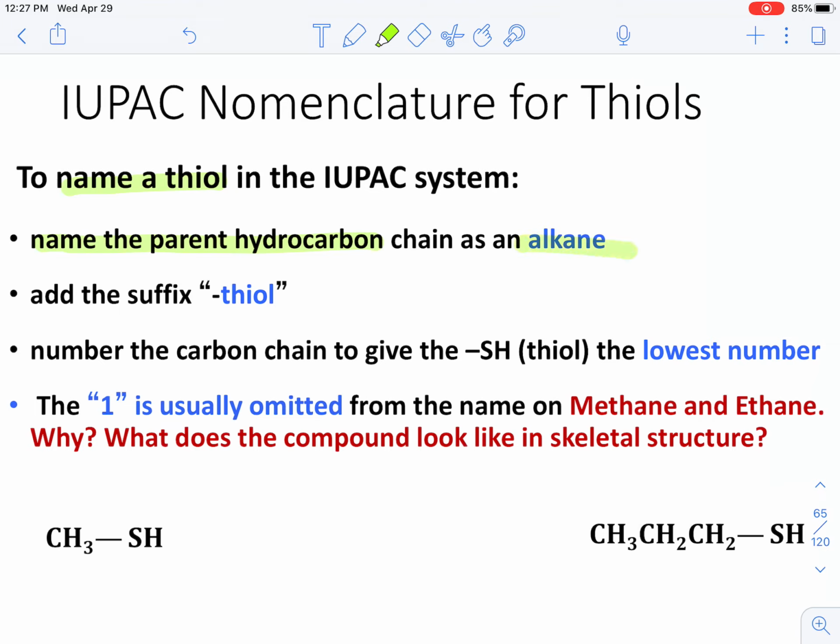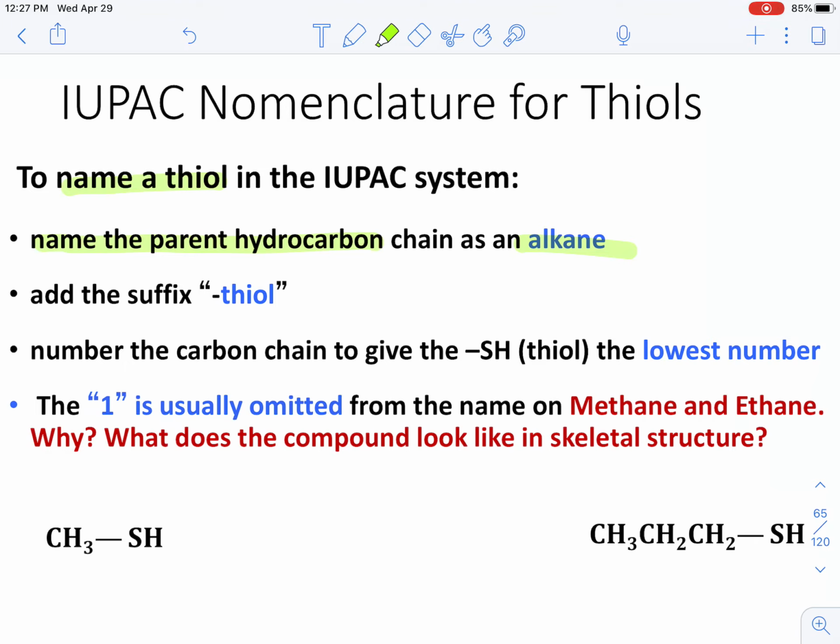It's not necessarily an alkane, there can also be an alkene and an alkyne, but the main idea is that you're first trying to name it as if it's an alkane. And if there's a double bond, then you would change the ending from ane to ene. And if there's a triple bond, you change the ending from ane to yne.